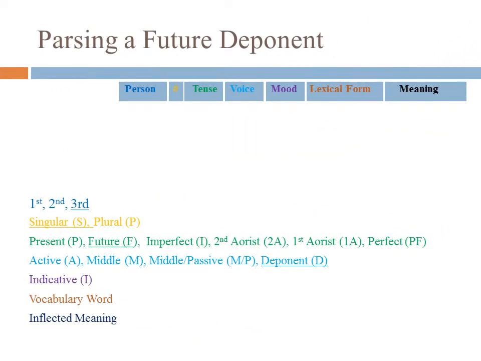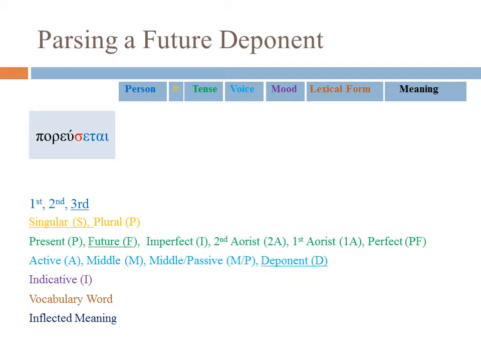Parsing a future deponent. Parsing a future deponent is not going to be any different than parsing a present deponent, except for the tense formative right now. So we're going to get πορεύσεται, and if it were the present, it would be πορεύεται.